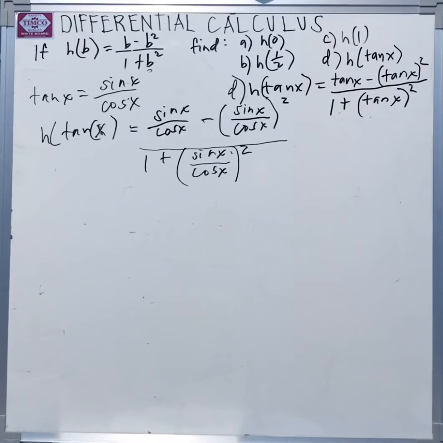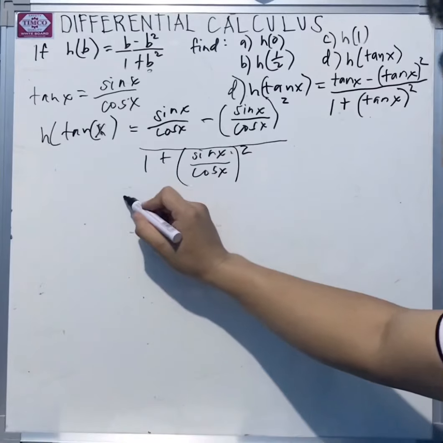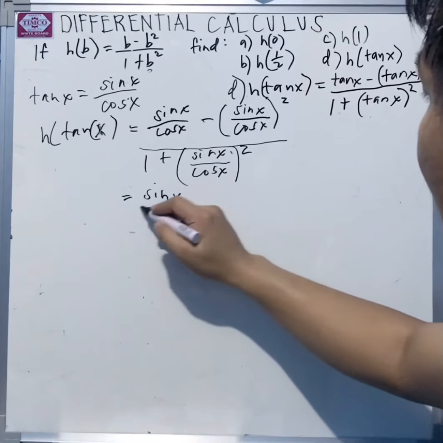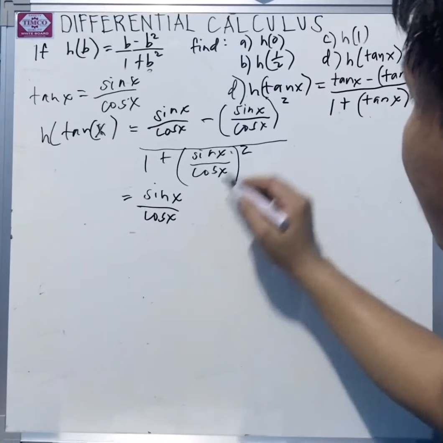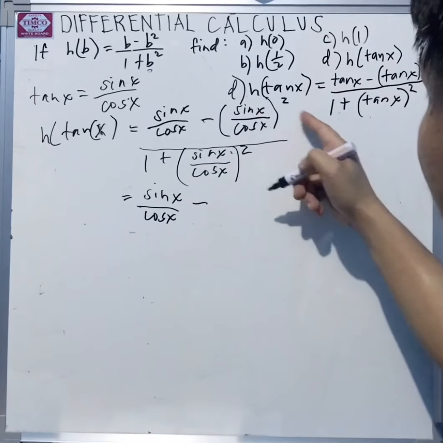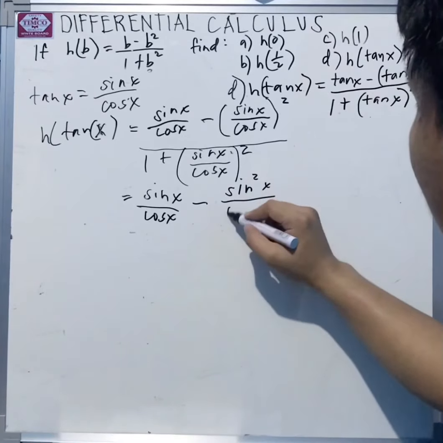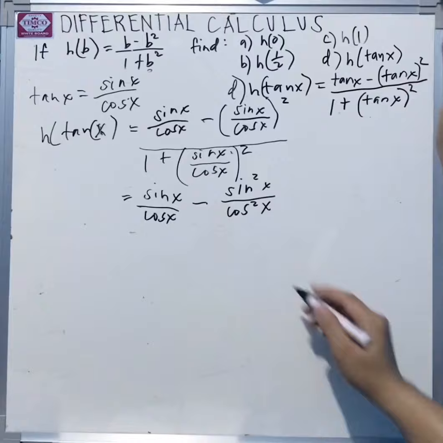So ayan, expand ulit natin ito. So we have sin x over cosine x minus squared natin. So nagiging sin squared x over cosine squared x, di ba?